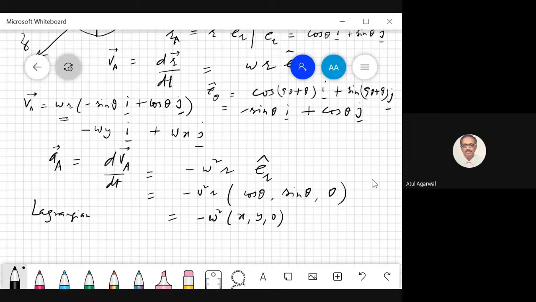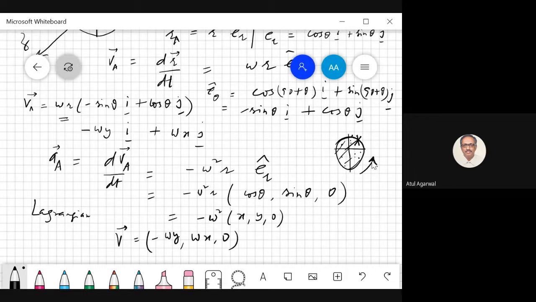Now you see your velocity you have written as this. Suppose instead of a particle you had a rigid body which is spinning around. So if your particle is here, at this position, this is the velocity. At any position you can find velocity in space.